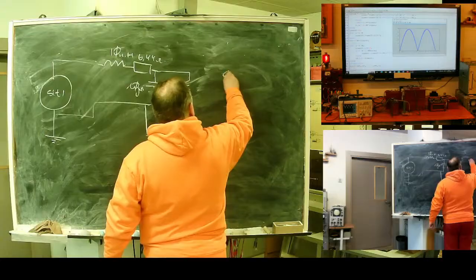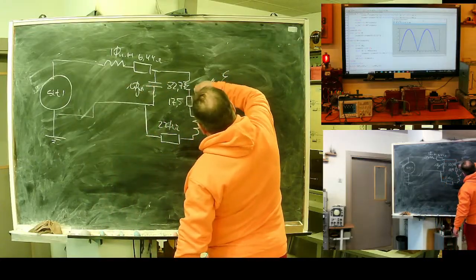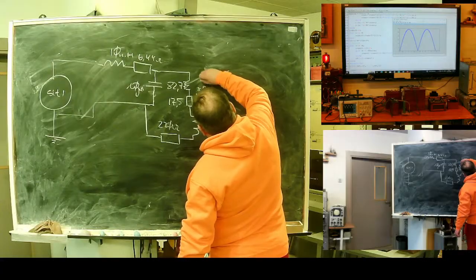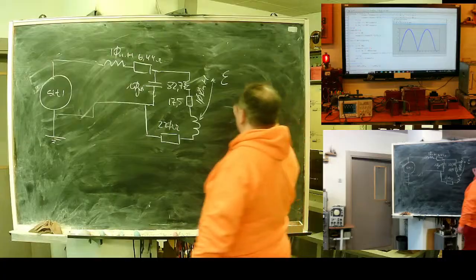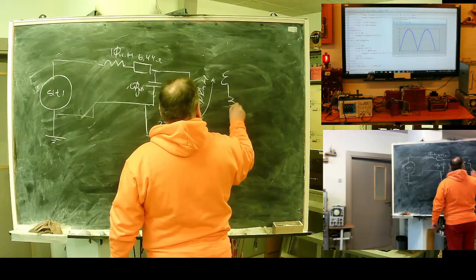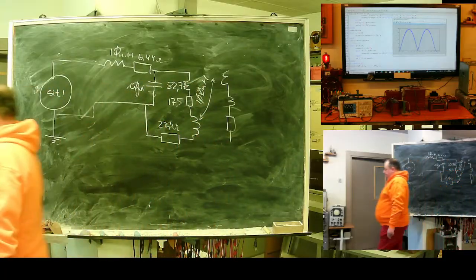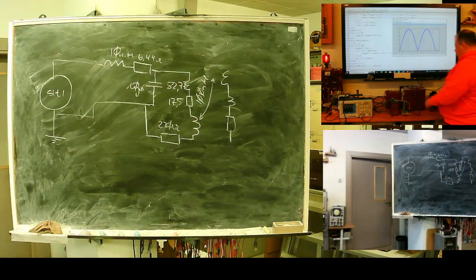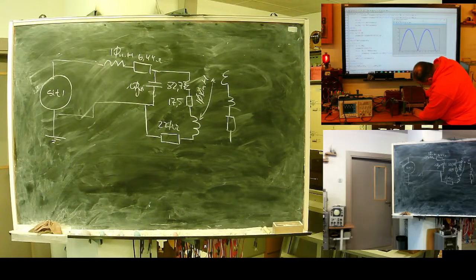On the secondary side, they are coupled with 100 millihenry mutual inductance. The secondary side has its own inductance and resistance, called self, 35.9 and 234.